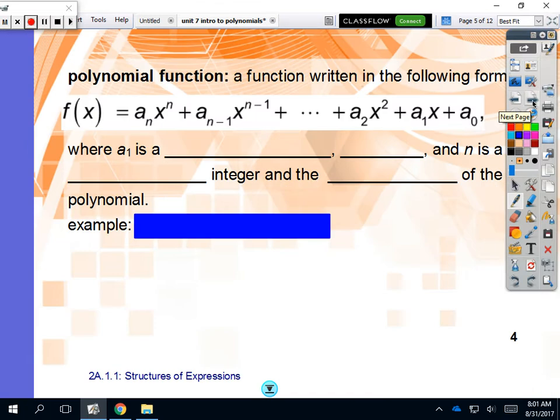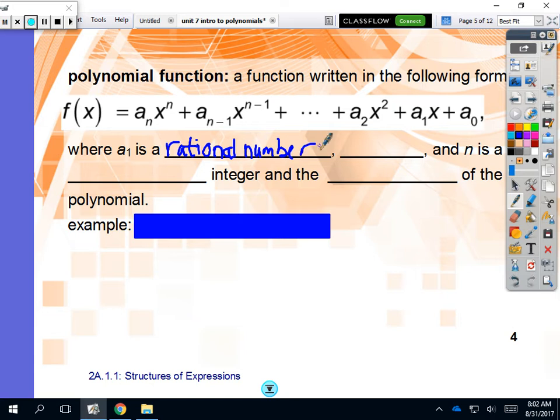So we have a standard polynomial written in standard form, has a bunch of numbers and letters that look confusing. Really, these are just the constant terms or coefficients. These are the powers of the variable. And then this would be your constant term, the term with no variable. So a1 is always going to be a rational number. So you couldn't use pi, because that's not a rational number, for a coefficient.